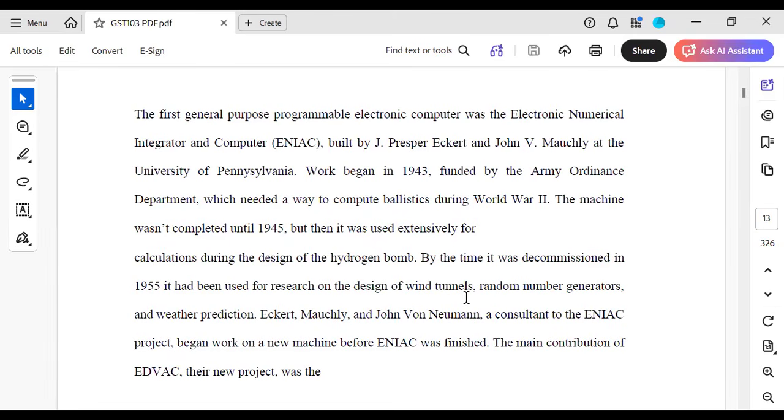Then we also looked at the second generation where we talked about the ENIAC, which was introduced by Pascal. About the year, the first one is from 1830 to 1950.